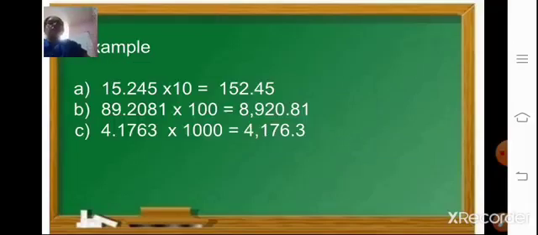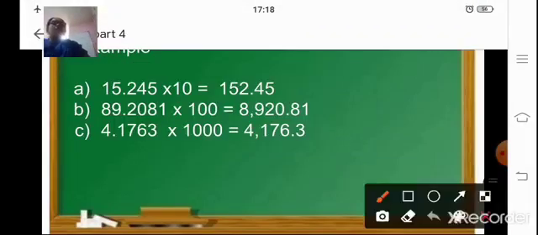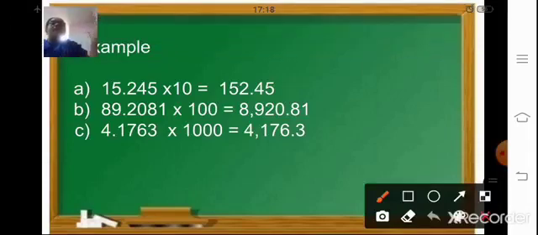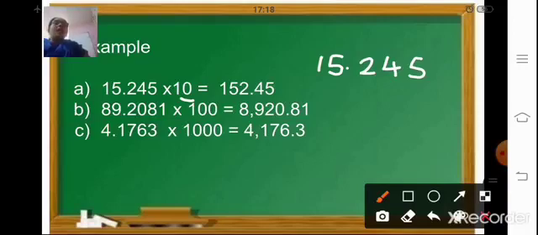Now just see, children. Here 15.245 is multiplied by 10. If it is multiplied by 10, it has got one 0, so you will move the decimal one place towards the right.